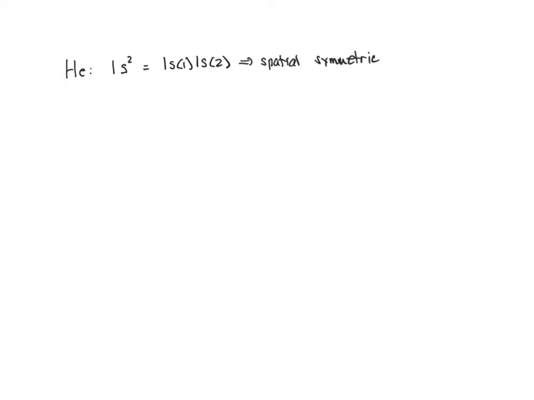So since our spatial wave function is symmetric, that forces the spin wave function to be anti-symmetric. And so we have to write our full wave function in terms of this symmetric spatial wave function times the anti-symmetric spin wave function.